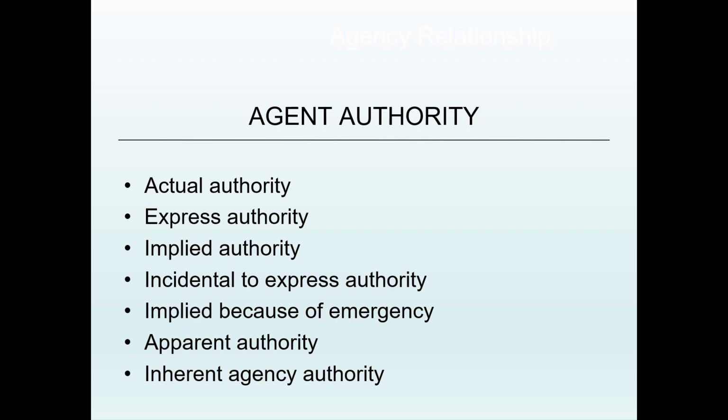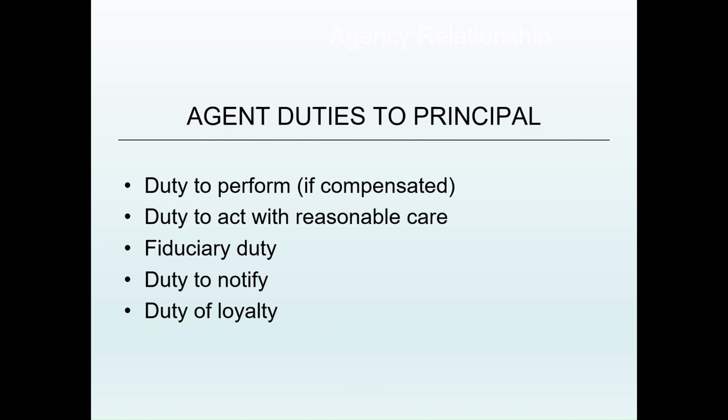The agent and principal owe certain duties to each other. So we'll look next at the duties to the principal. So the agent has a duty to perform, and they have a duty to act with reasonable care.